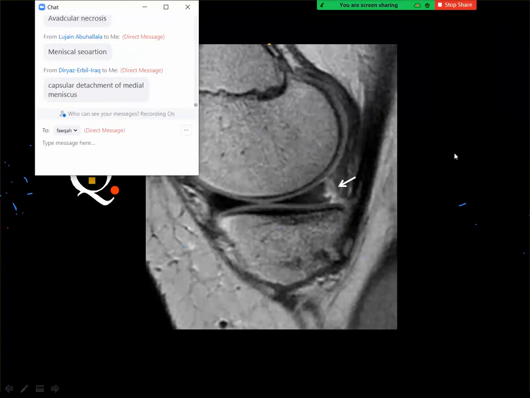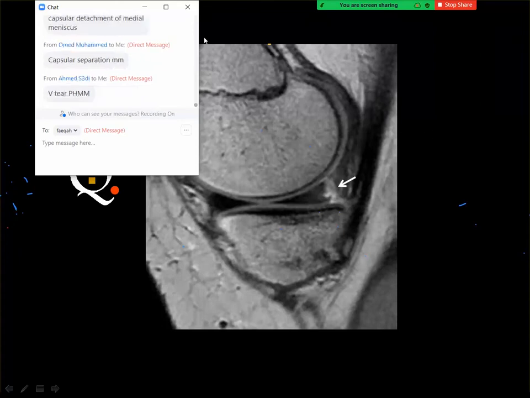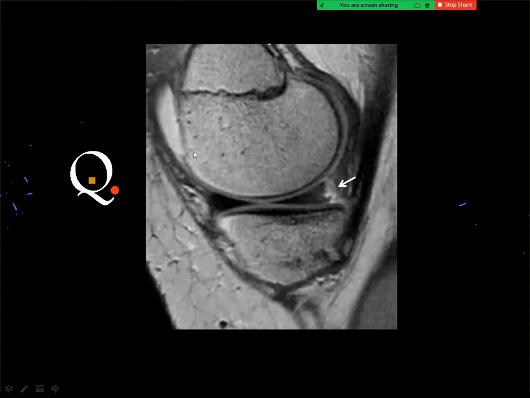Meniscal separation, capsular detachment, yes. And this is not a vertical tear in the posterior horn of the meniscus, because the posterior horn is almost intact, but there is a defect at its base.